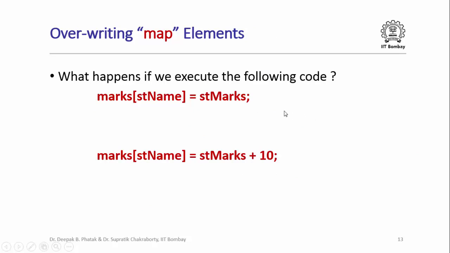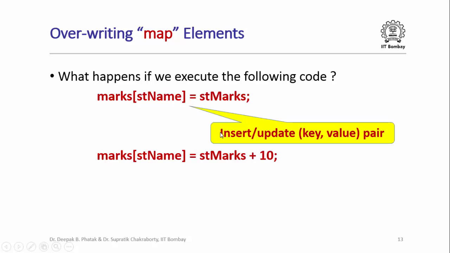So what happens if we execute the following two statements? In the first statement, I'm assigning stMarks to marks indexed by stName, and in the next statement, I'm assigning stMarks plus 10 to the marks indexed by stName. So when I execute the first statement, depending on whether there is already a key value pair with key matching stName, I may either insert a new key value pair.